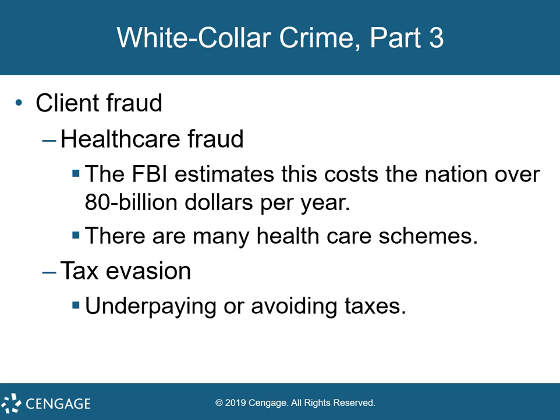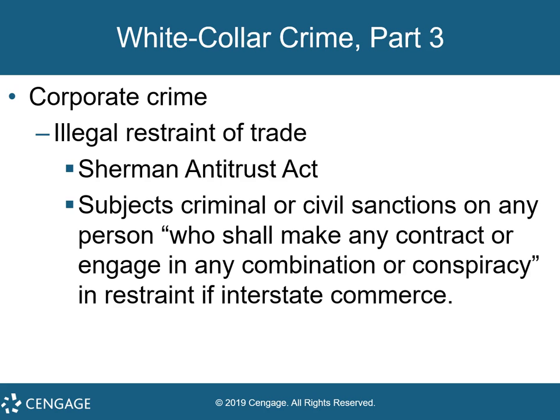Another type of fraud that's in there would be healthcare fraud. The FBI estimates this costs the nation over $80 billion per year. And there are lots of different types of healthcare schemes. There's tax evasion, which means underpaying or avoiding taxes. There's corporate crime, which talks about illegal restraint of trade, subjecting to criminal or civil sanctions any person who shall make any contract or engage in any combination or conspiracy in restraint of interstate commerce.